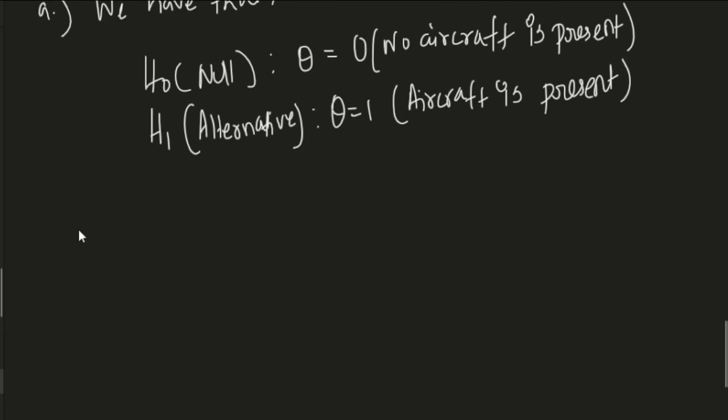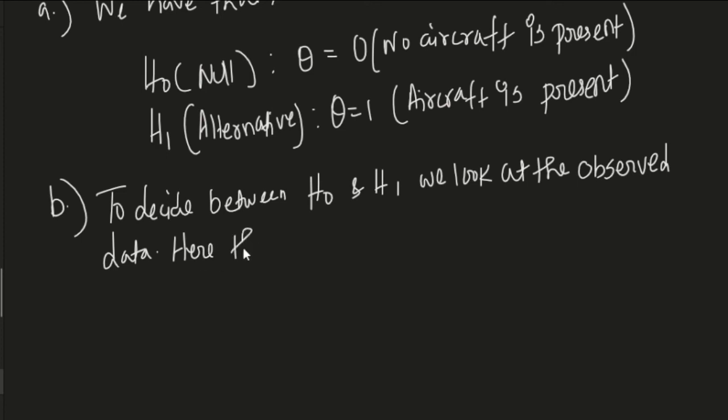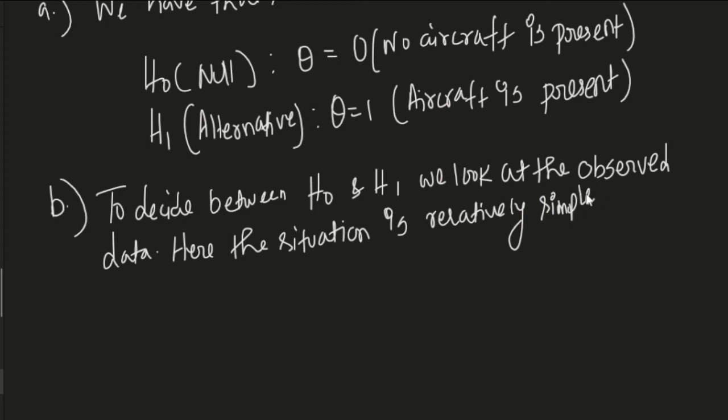So to decide between H0 and H1, we look at the observed data. The observed data is just the random variable X, right?